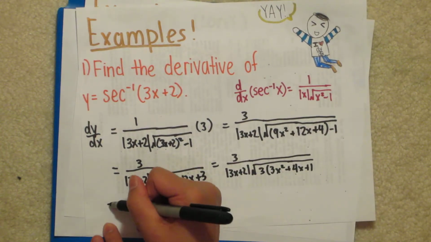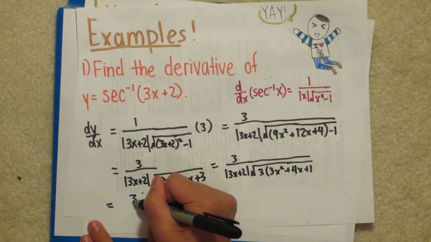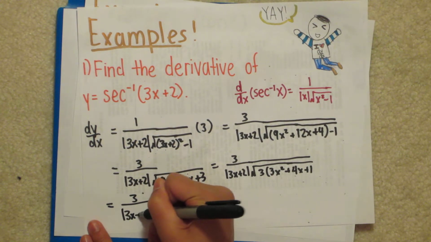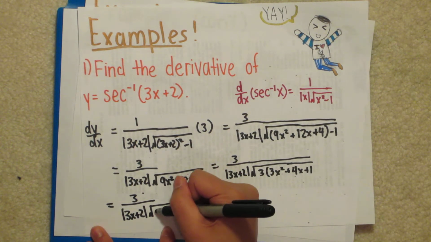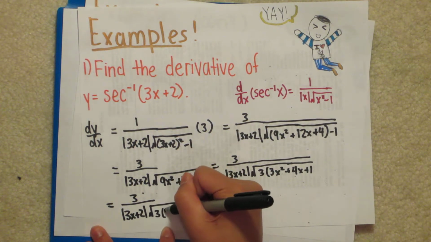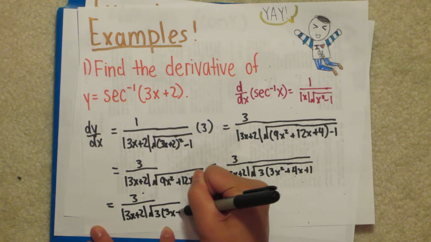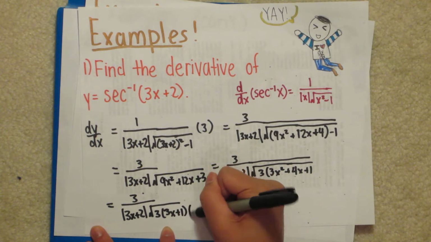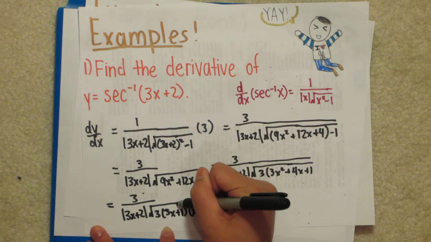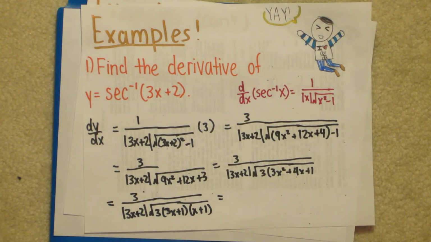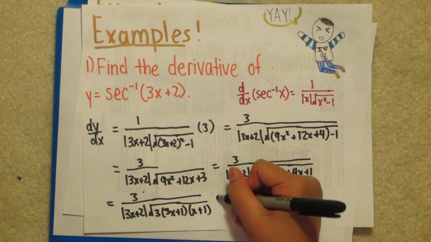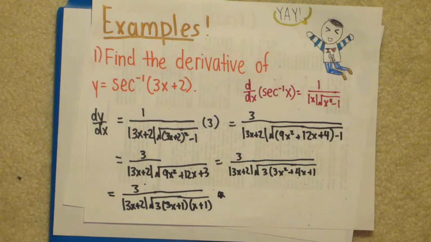Then you can also factor that. So that would give you 3 times 3x plus 1 and x plus 1. And that is your answer, actually. Okay, so that's how you do that.